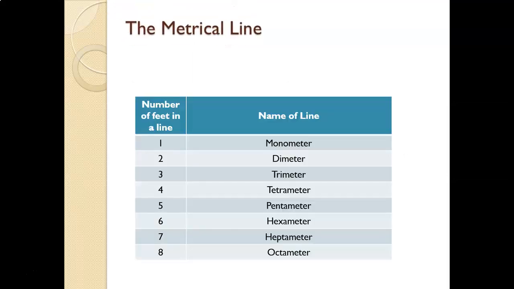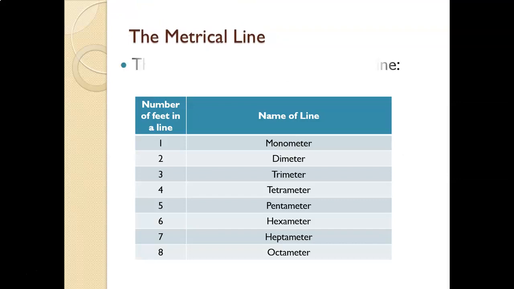Then we have the metrical lines. We come to know how these lines are constituted of various meters. If you have a line where the meter is just of one foot, we call it a monometer.